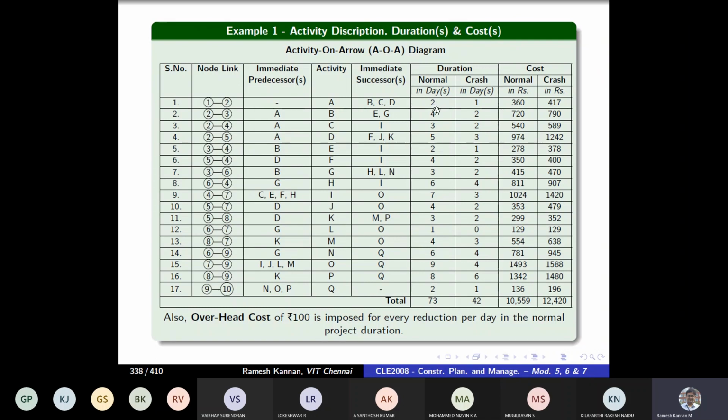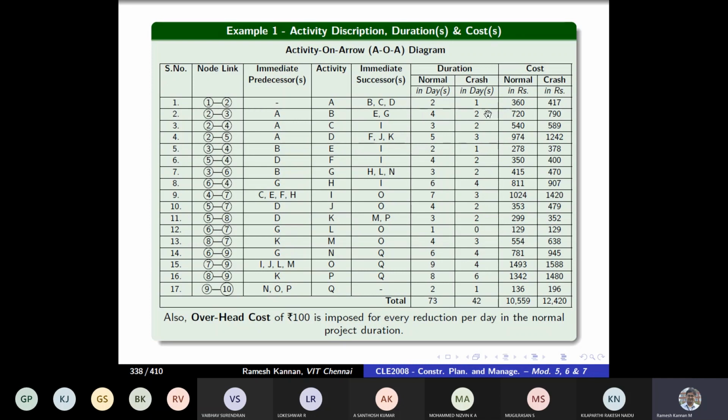So you can see that the normal durations are always a little higher compared to the crash duration, which means that we are reducing the normal duration to some degree based on the requirement. And so is the cost. The normal cost is the actual cost, whereas the crash cost is the corresponding cost for crashing the activity.